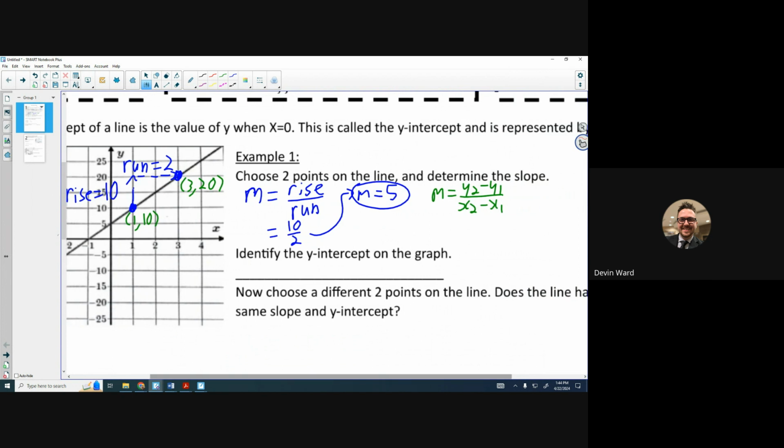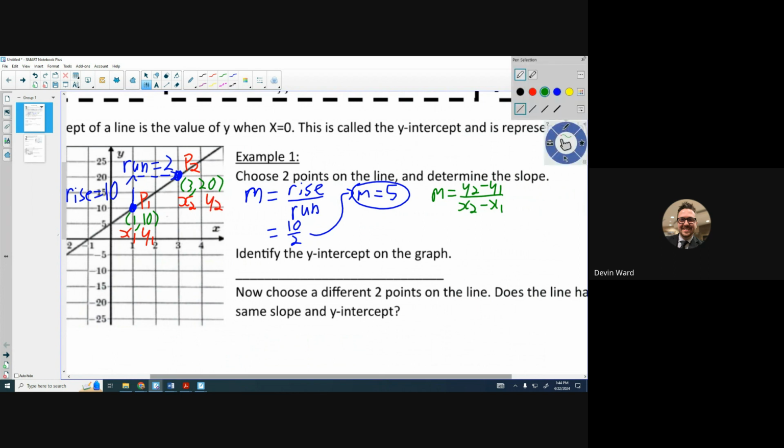They're called subscripts, and they don't actually affect the numbers. It's just a way for me to order it. So I'm going to say that this point is point 1, and this one's going to be point 2. So if this is point 1, my x1 is 1, and my y1 is 10. If this is point 2, the x of point 2 is x2. The y of point 2 is y2.